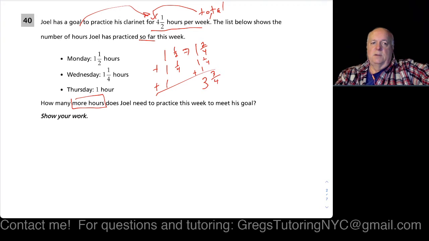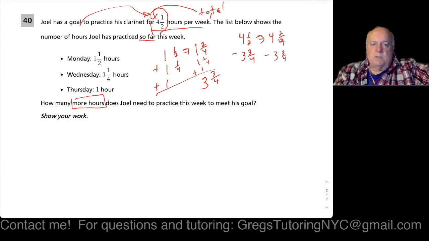Okay? The total he's shooting for is 4.5. So now what we have to do is take 4.5, subtract from that 3 3/4. We have the same situation. We're going to map this into using quarters. So this is 4 2/4 minus 3... Whoop, I wrote 3/2. 3 3/4.